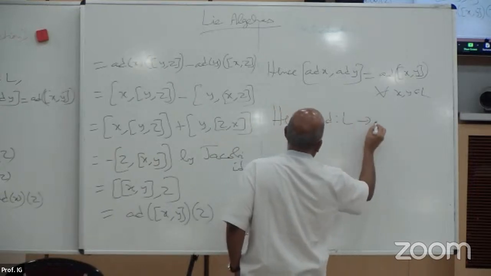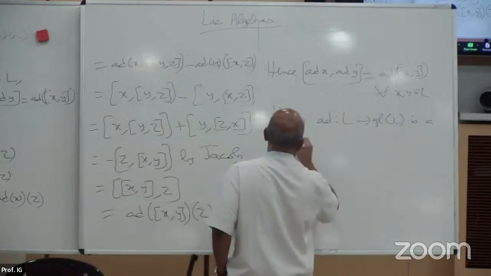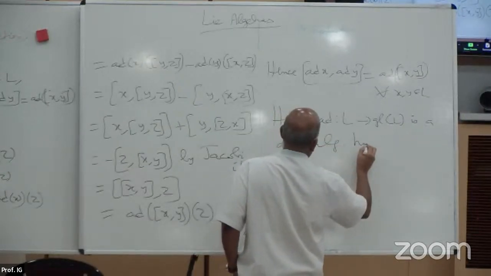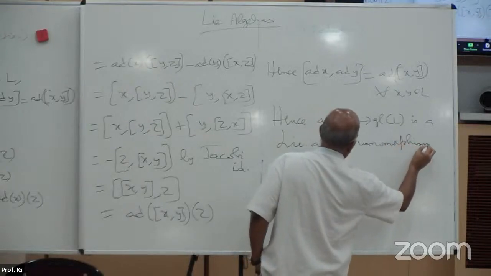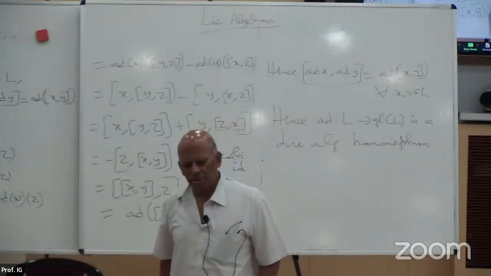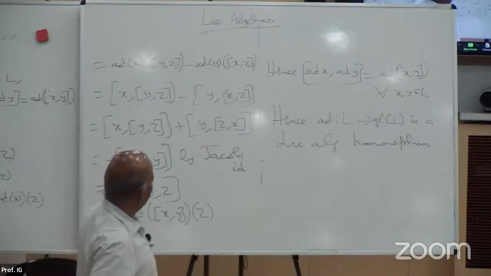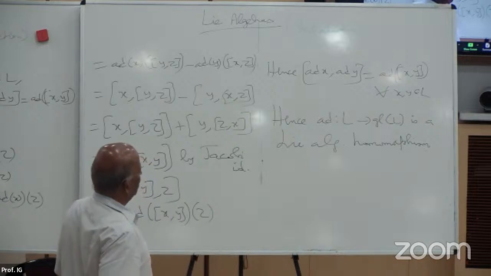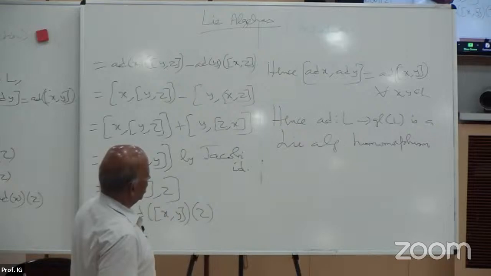Ad from L to gl(L) is a Lie algebra homomorphism. So this is the very, very nice property about Lie algebras. Whatever abstract Lie algebra you take, we have this adjoint representation, L to gl(L) itself. We have a nice Lie algebra homomorphism.